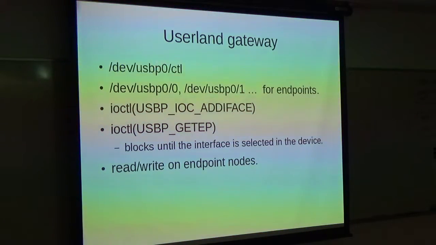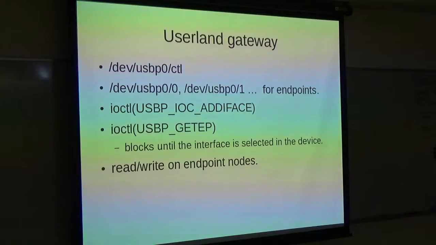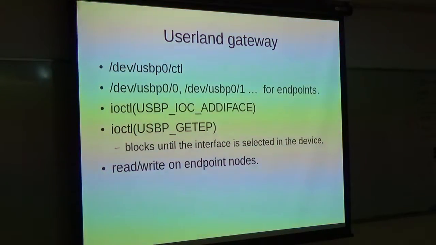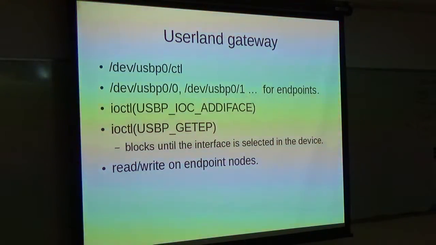So first we open this control device of the USB and issue this I/O controller, the interface I/O controller, which is to call the interface API in the kernel based on the information provided from the Userland program.